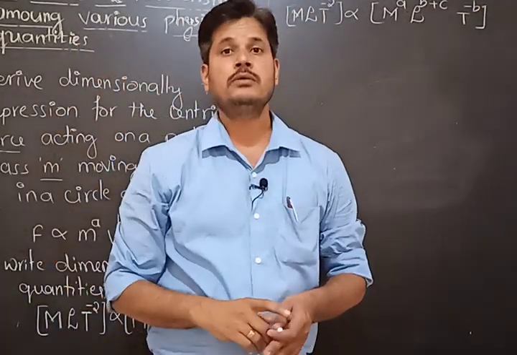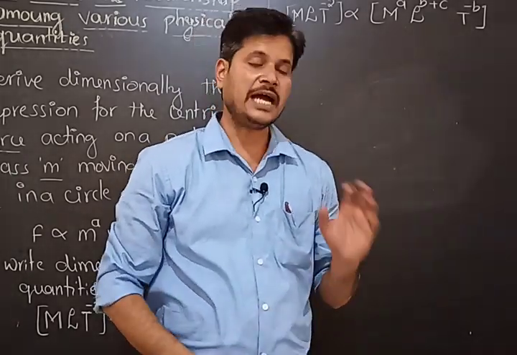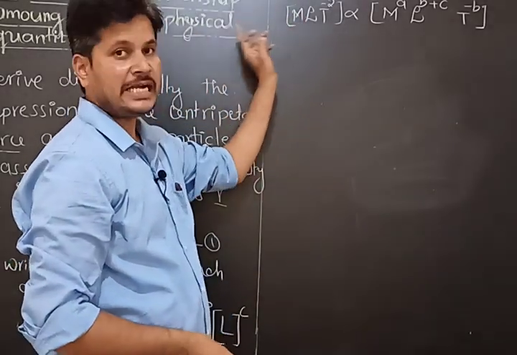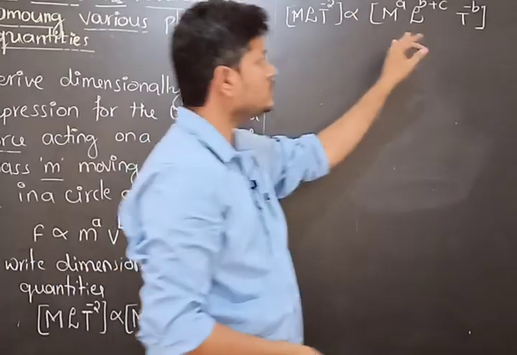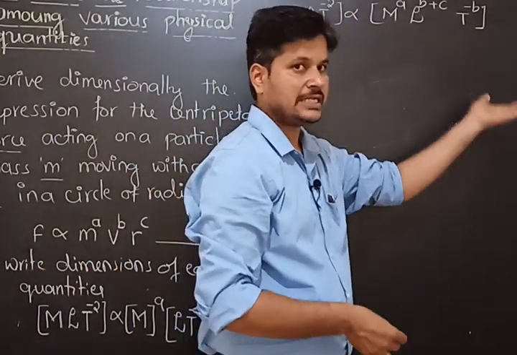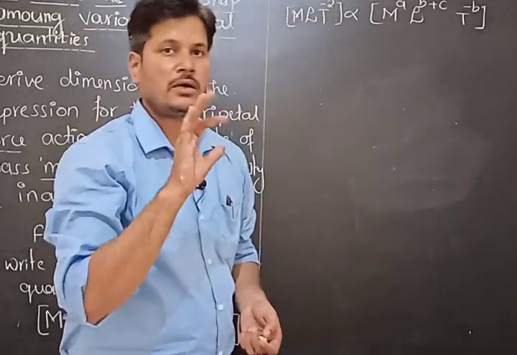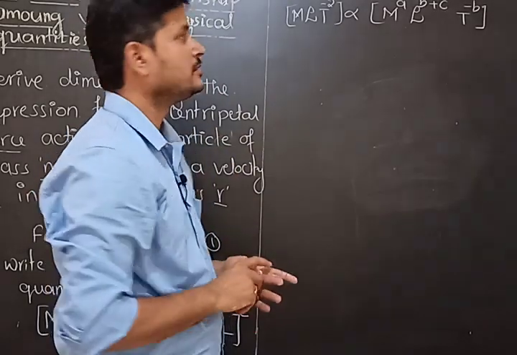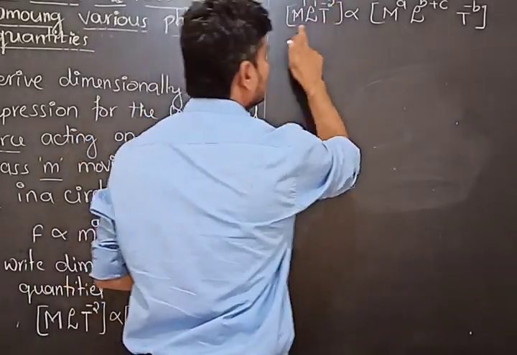In the previous video, we studied the principle of homogeneity, and that tells us that whatever indices are on the left side should be equal to the indices on the right side. That equation is known as a homogeneous equation. According to that, we have to compare the indices.